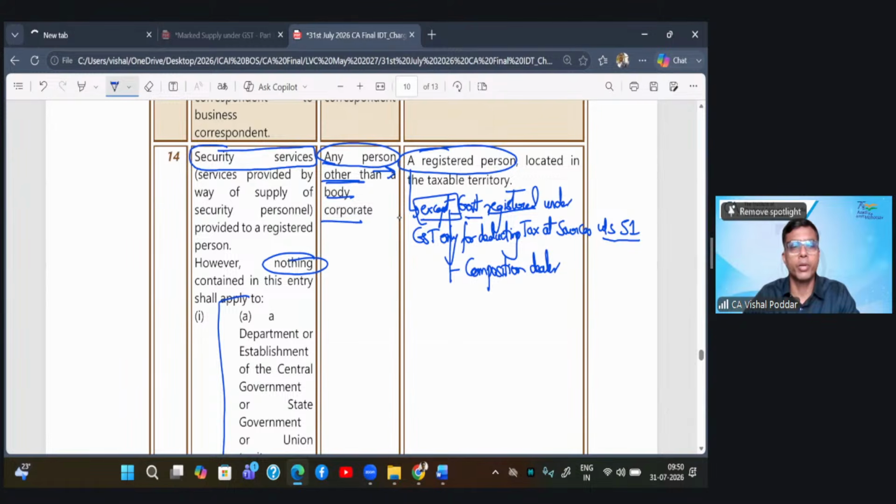So in short, in these two cases, it is not under RCM, it will be under FCM. See, RCM not being applicable means that the only relaxation given is that the recipient is not required to pay tax. In these cases, wherever the services are taxable services, since RCM is not applicable, it will now get covered under FCM.